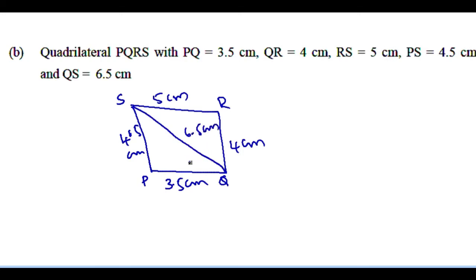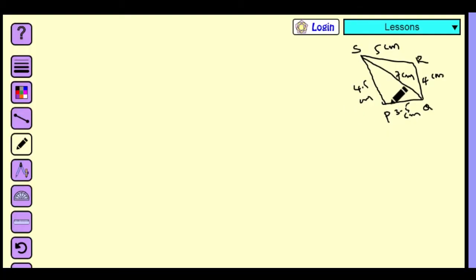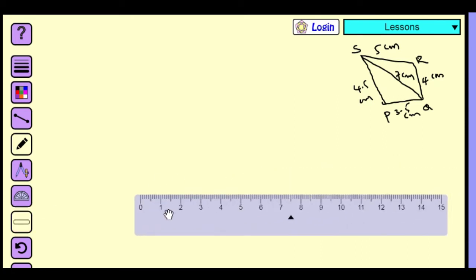Now let's go to the construction part. Now construct the triangle PQS. So draw the line segment PQ with 3.5 centimeters.